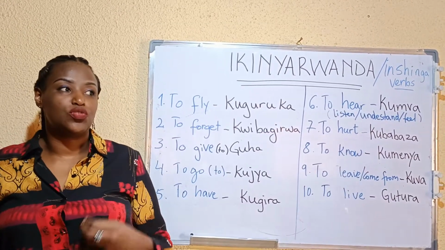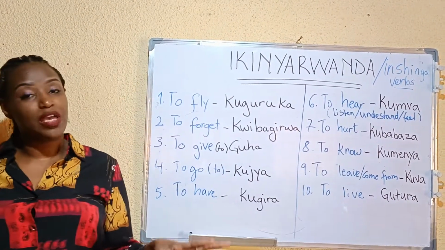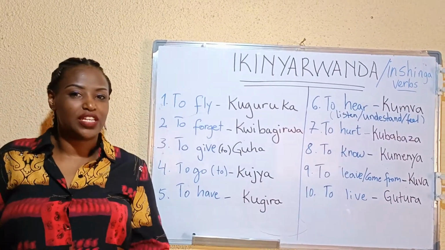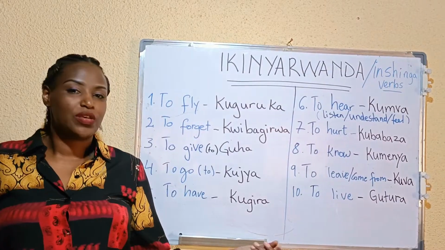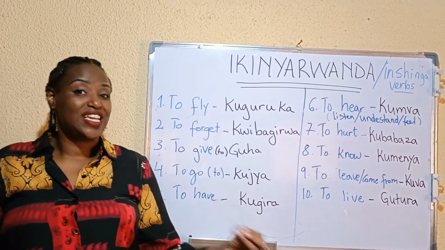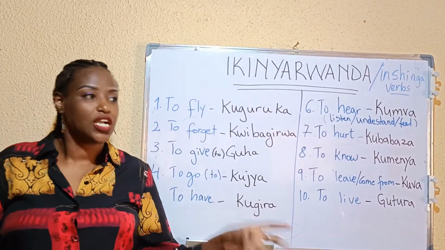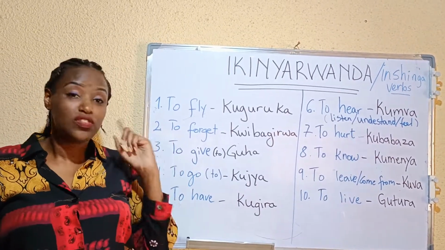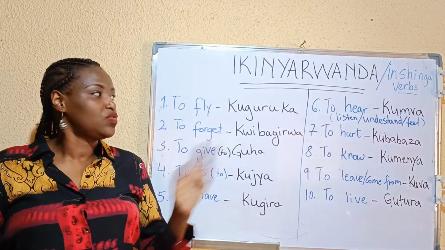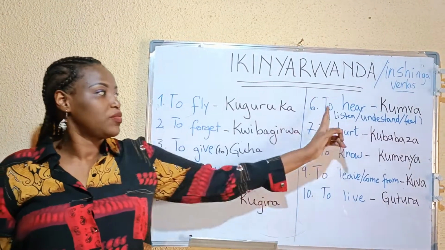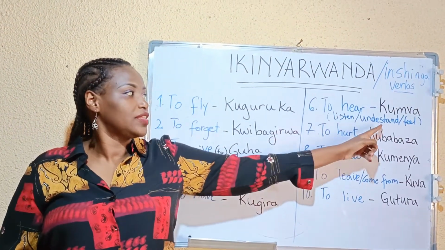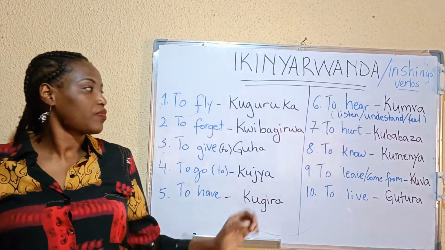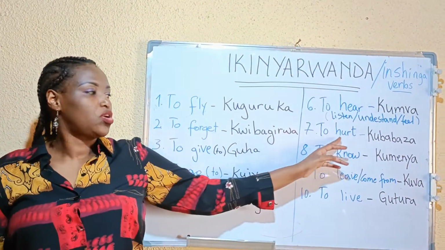If you want to touch something, you say, I want to touch this, ndashaka kumva, like to feel it, to know the texture of something. If you eat the food, ndashaka kumva uko bimeze, I want to taste how the food is. So you can use it with different senses, but most of the time we use it for to hear, listen, understand, and feel. Kumva.